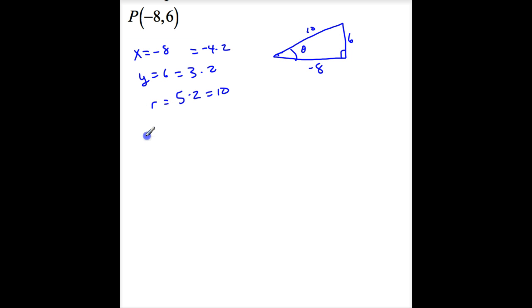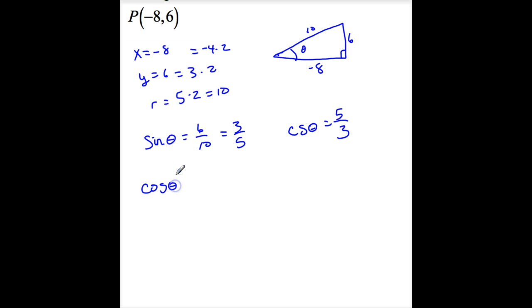So if I wanted sine of theta, it is 6 over 10, or 3/5. If I want cosecant of theta, I'm not going to go back through this, it's just flip this, 5/3.